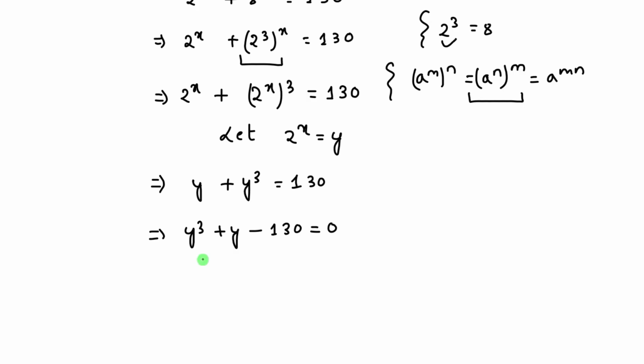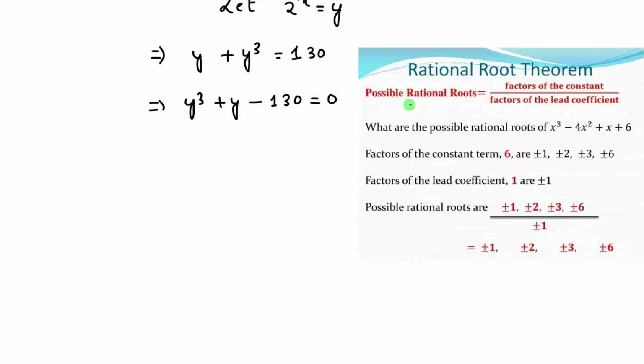In order to find the roots, we'll apply the rational root theorem: the possible rational roots equal the factors of the constant divided by the factors of the leading coefficient. Suppose we have the polynomial x cubed minus 4x squared plus x plus 6. The constant is plus 6, so the factors of 6 are plus or minus 1, 2, 3 and 6.